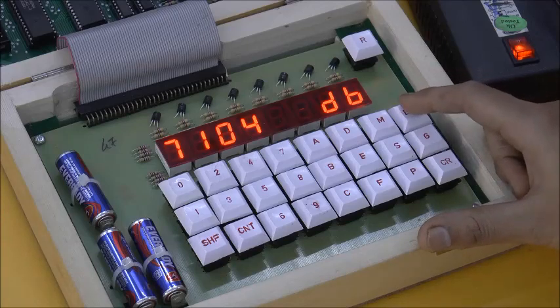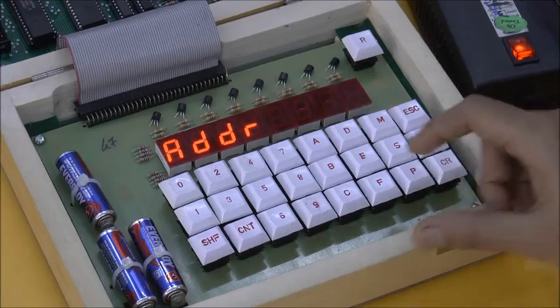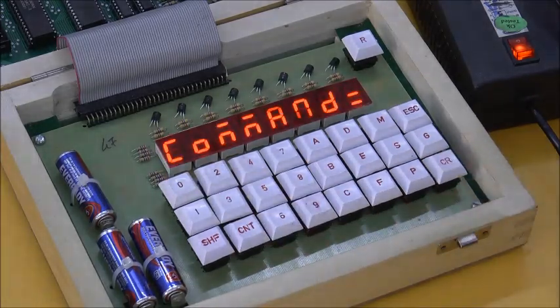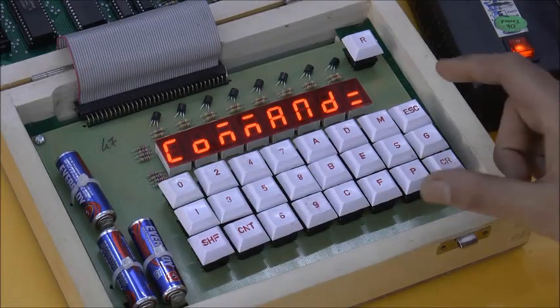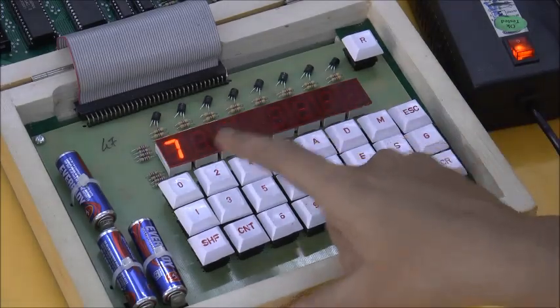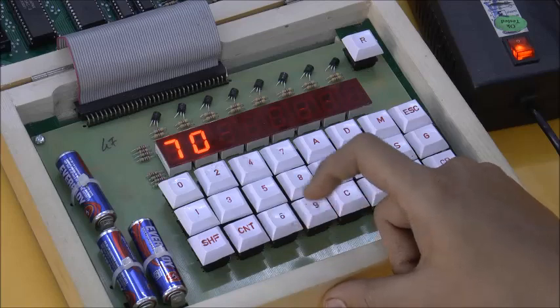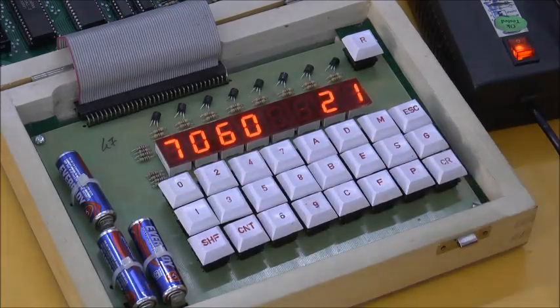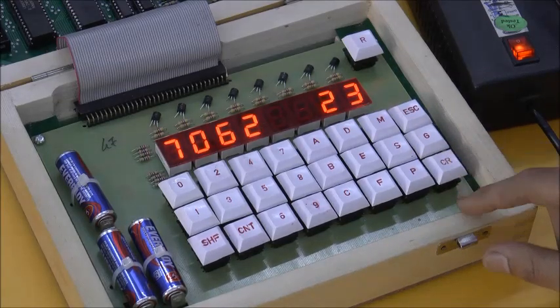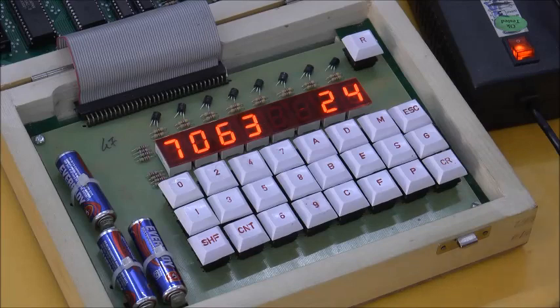Time for execution. Accept G, CR, starting address 7000. Enter. Here the command prompt appears, which means our program is correct. Accept SCR 7060. You can see here instead of 01, 21; instead of 02, 22; instead of 03, 23; and 24.